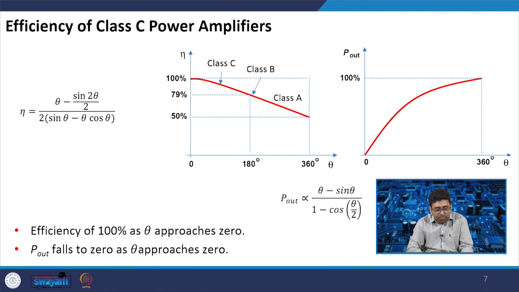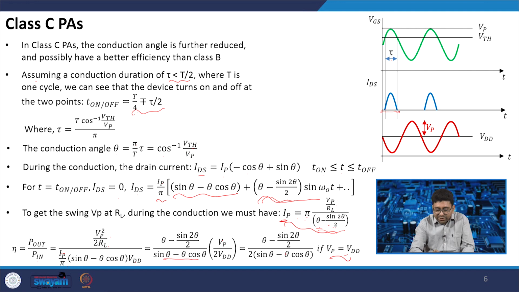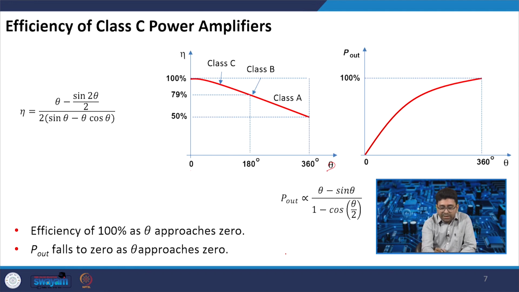Ideally, if we plot the efficiency versus the angle theta, for 0 degrees we get a maximum of 100% efficiency using this equation. But as the conduction angle increases, the efficiency reduces. Class B has 79% efficiency, conducting for 180 degrees, and class A, which is for 360 degrees, has 50% efficiency.